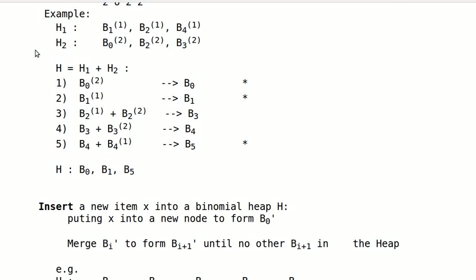So suppose we have two binomial heaps, H1, H2. H1 has binomial trees B1, B2, B4. So we use this superscript to denote that it is H1. And H2 has binomial trees B0, B2, B3.